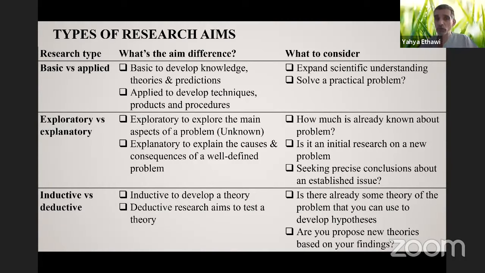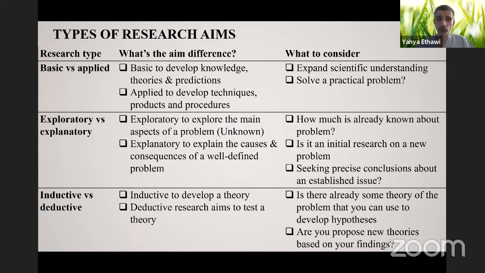The exploratory versus explanatory. The exploratory is to explore the main aspect of the problem, to know the unknown, while explanatory is to explain the relation between the cause and the result. In the exploratory, you don't know the idea, it's unknown.